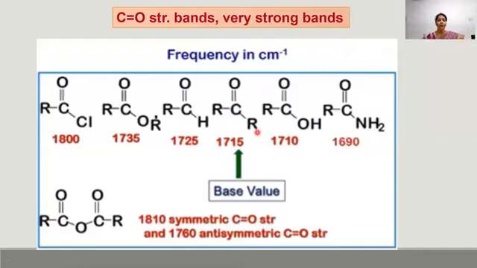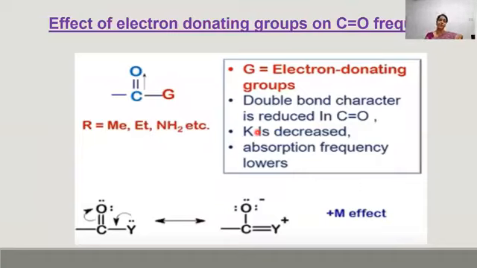What is the reason for the deviation of the carbonyl absorption as compared to the base value? This deviation depends on the nature of the group attached to the carbonyl group. So first we discuss the effect of electron donating groups on carbonyl frequency.